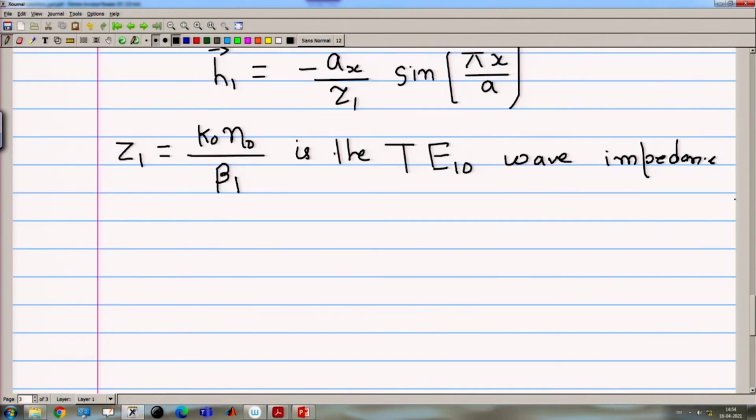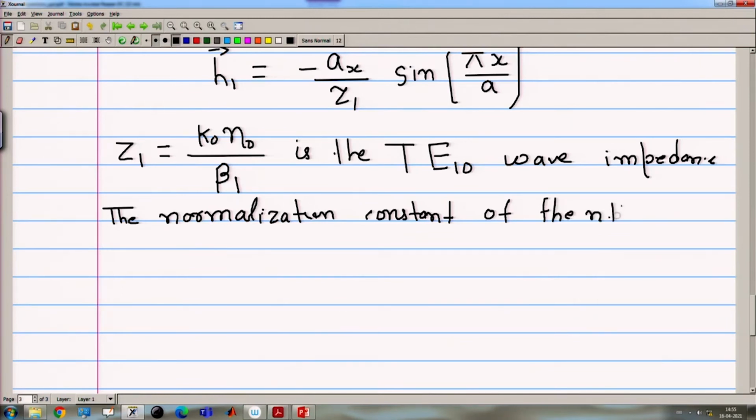Now we can calculate the normalization constants. The normalization constant of the nth mode, we will write for the nth mode first and then come to the TE10 mode.